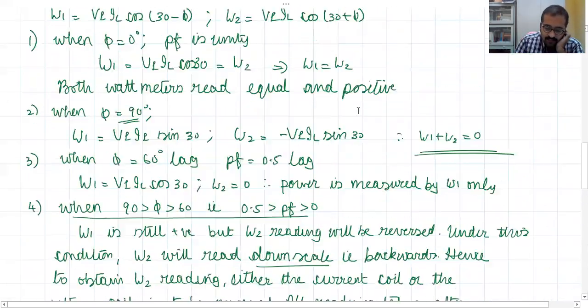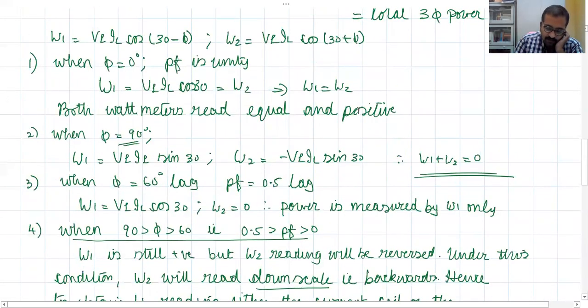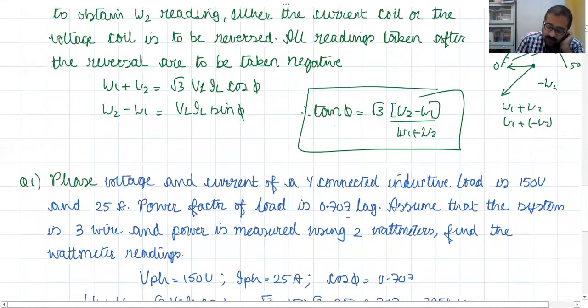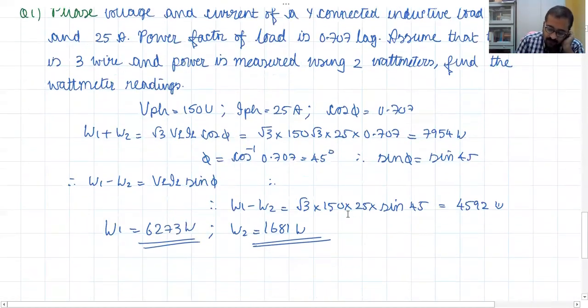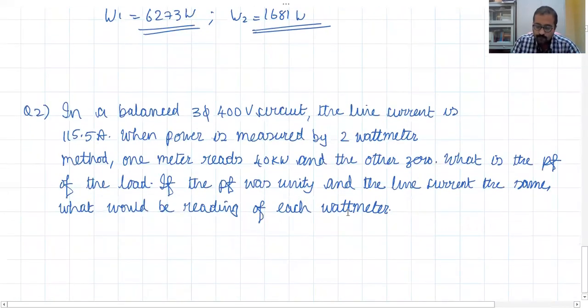In the previous case, we had seen what happens when the power factor angle is 60 degree: one of the wattmeters reads 0. Same condition. So the power factor must be cos 60. Or you can substitute into the expression for tan phi.